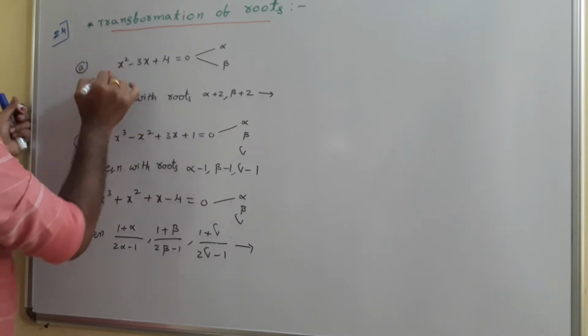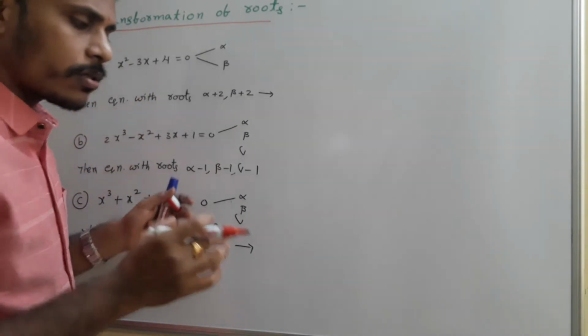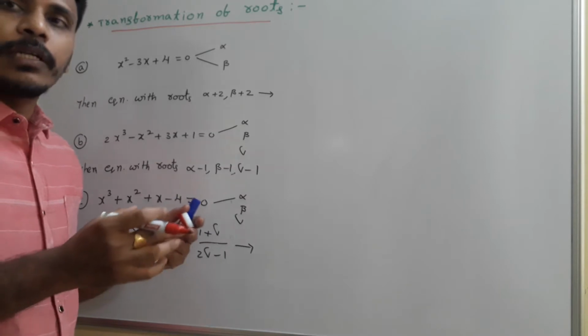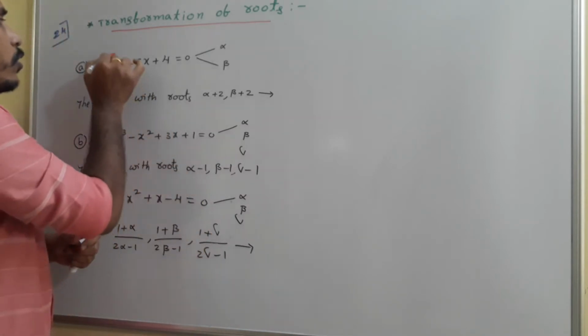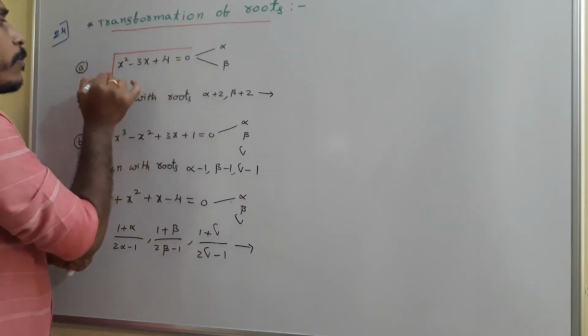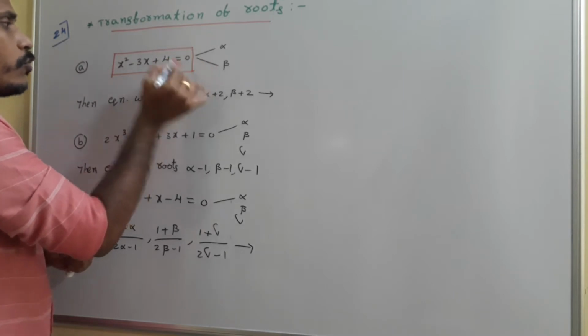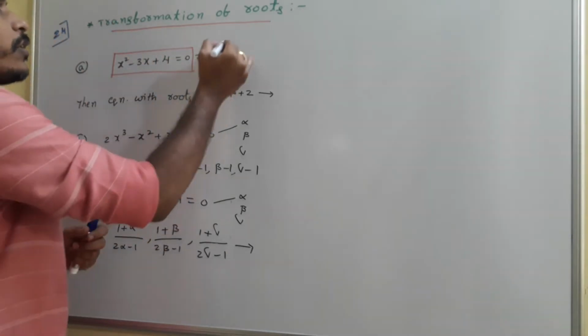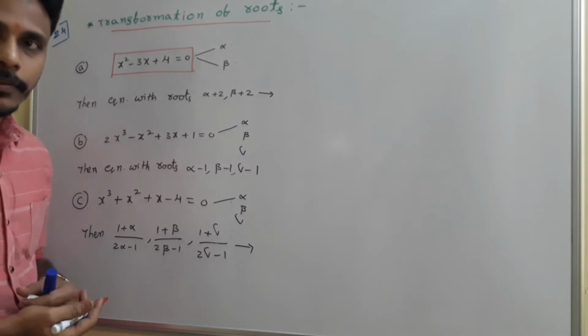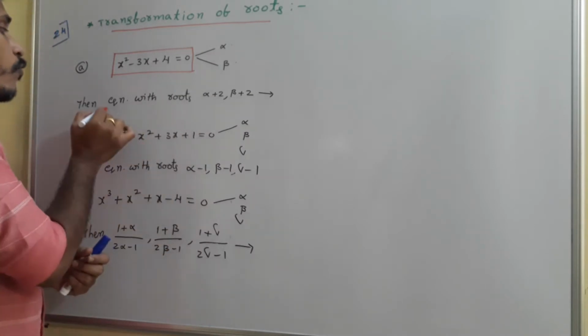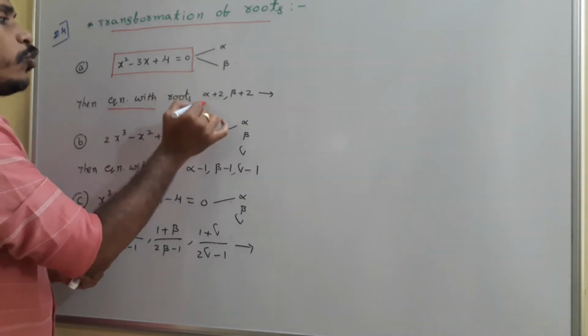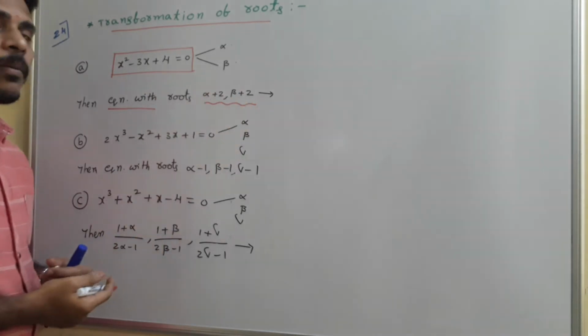Suppose I am starting with the quadratic, because a quadratic equation is a bit comfortable for all of us. Just look here: x square minus 3x plus 4 equals 0 is a quadratic equation whose roots are alpha, beta. Now our task is to find the equation with roots alpha plus 2 and beta plus 2.